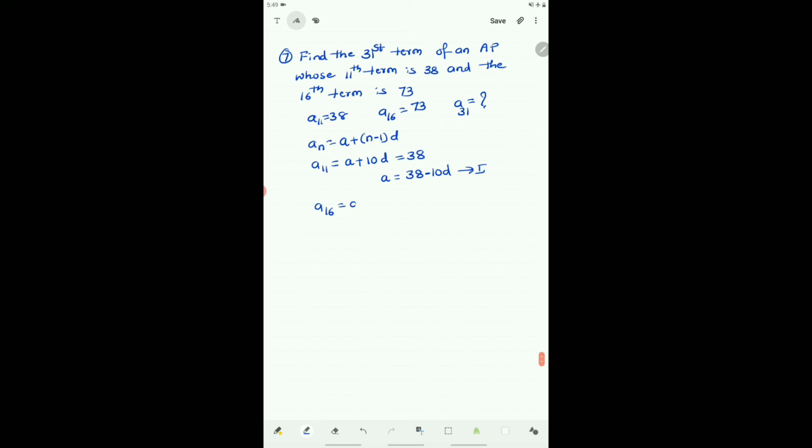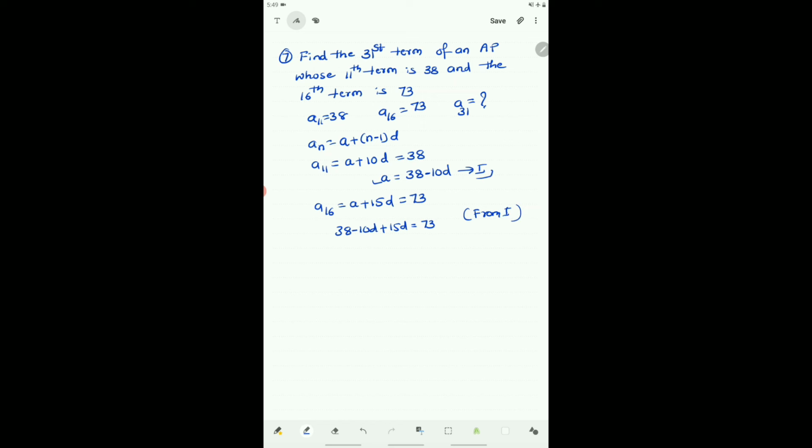A16 means A plus 16 minus 1 into d, that is A plus 15d, that is equals to 73. Then you substitute the value of A here, that is A is 38 minus 10d plus 15d is equals to 73.